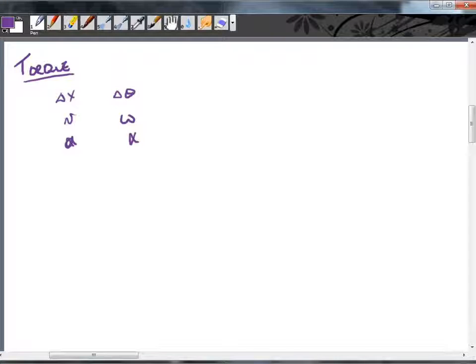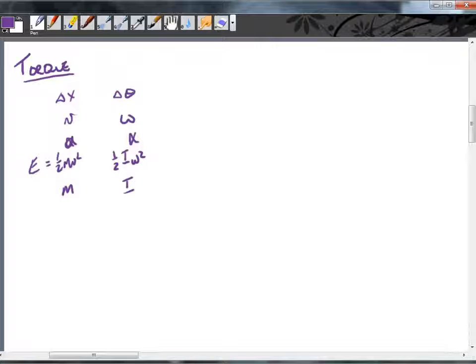We have one for energy. Energy equals 1/2 mv squared, and it also equals 1/2 I omega squared, which means we needed one for mass, which is I. So we're developing these rotational analogs for our linear measurements.